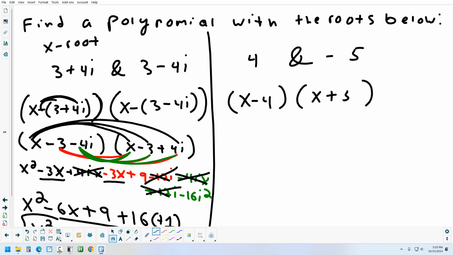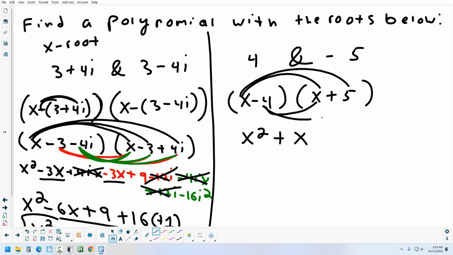Now let's multiply that together. X times x, x squared. X times 5 is 5x. 5x minus 4x equals x. And negative 4 times positive 5 equals negative 20.